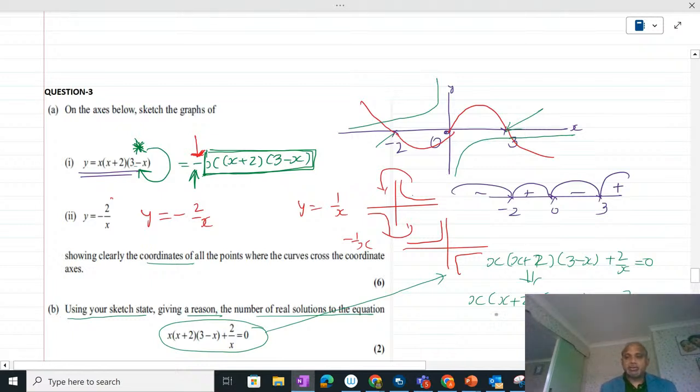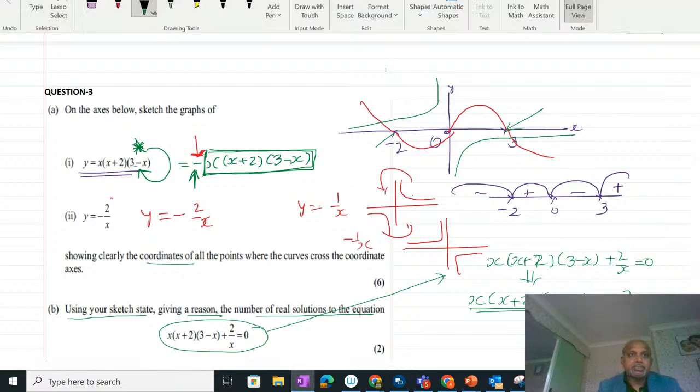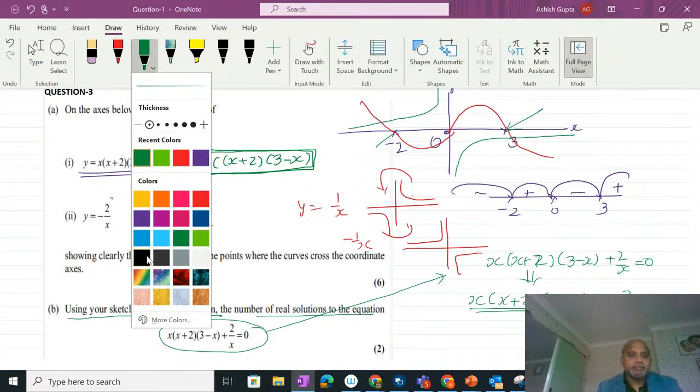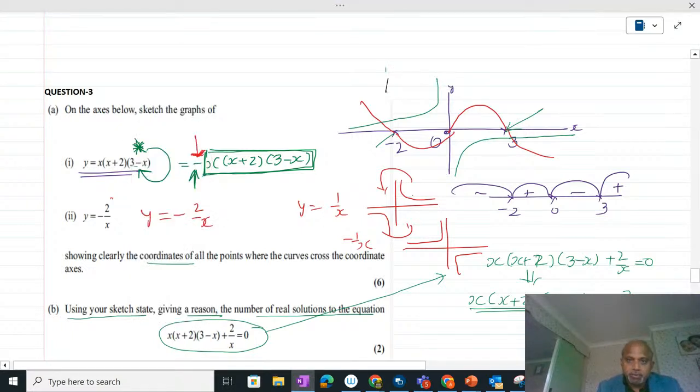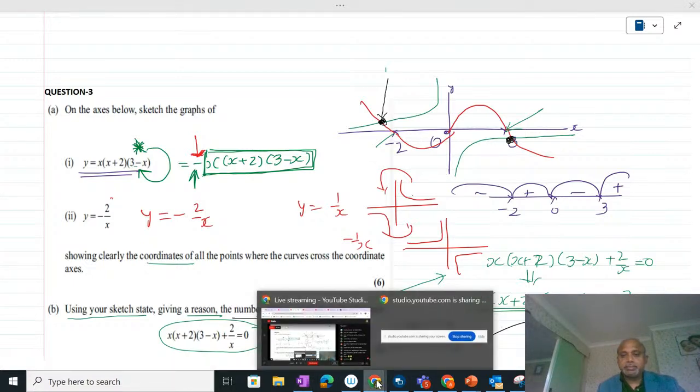So when this is equal to this, there are two solutions here. If you see my black ink here, there will be two solutions. One solution will be where the 2 over x graph and the red graph intersect, and here it is. So there will be two solutions, but they are not asking you to find them. They are asking for the number of real solutions. So the answer will be 2. Is that okay, guys?